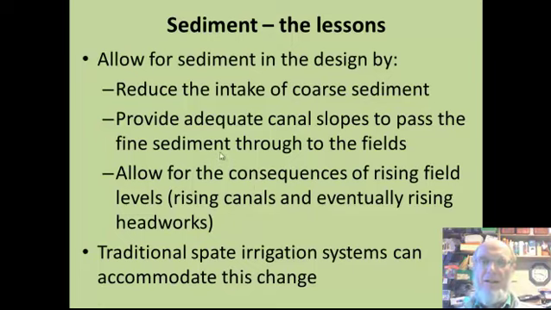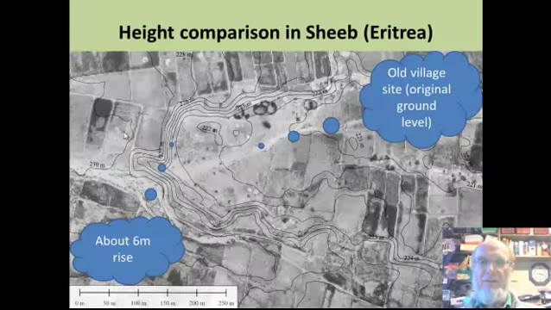Then you have to allow for the consequences of rising field levels, which are the canals and eventually the headworks will also need to rise. It's worth noting that traditional spate irrigation systems can accommodate this progressive change in levels.